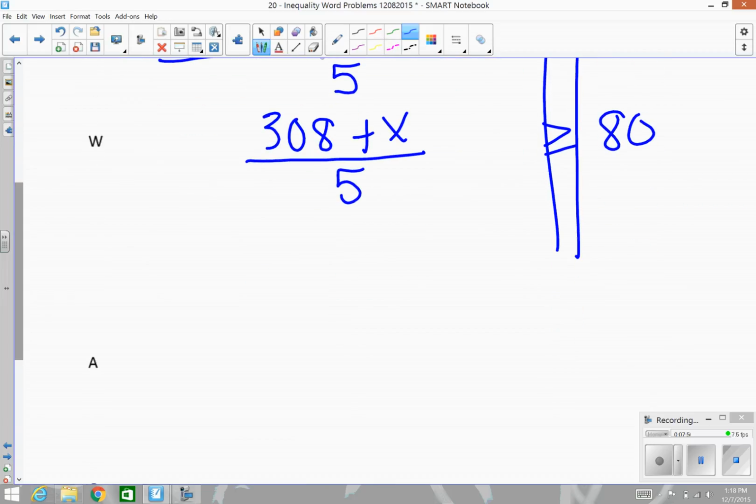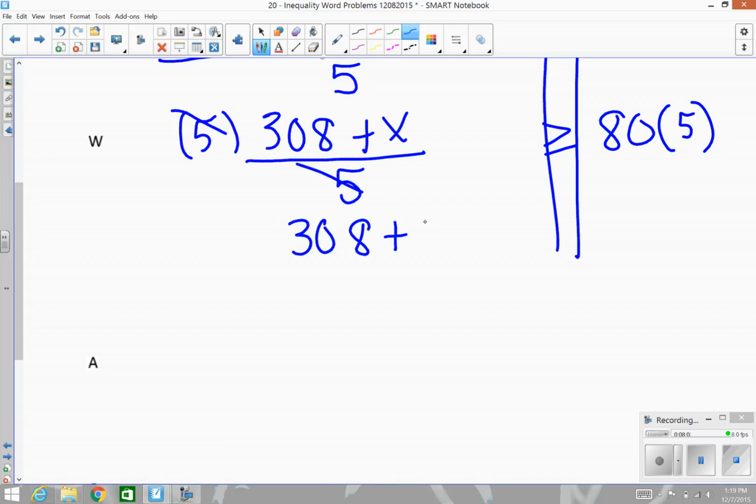Now my recommendation would be to clear this denominator, that's what's kind of standing in our way. The opposite of dividing by 5 would be to multiply both sides by 5. Those go away. Then we get 308 plus x is greater than or equal to 400.